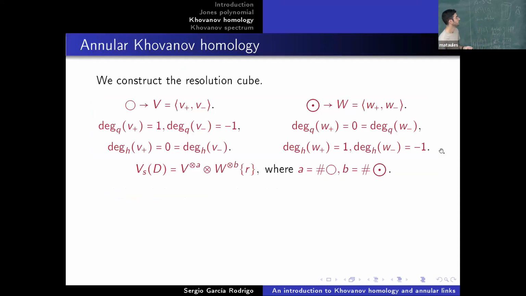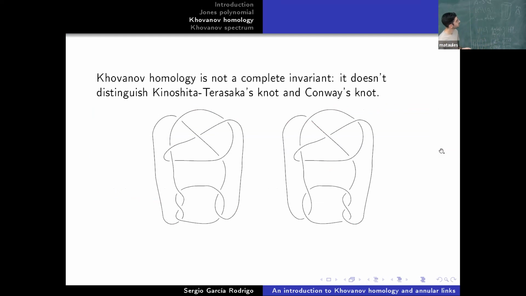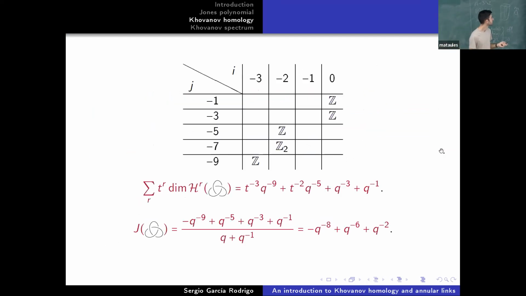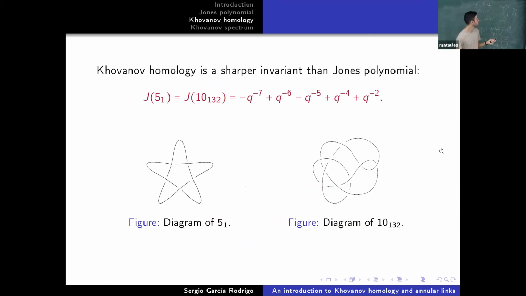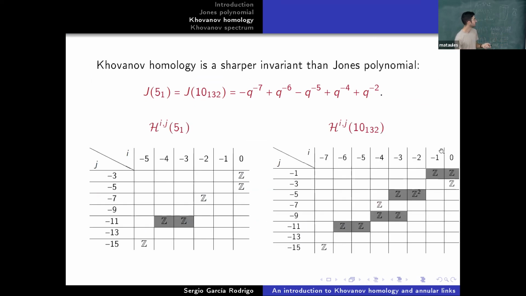And to show some interesting facts about the Khovanov homology, we see that these two knots, called 5_1 and 10_132, have the same Jones polynomial right here, but their homology is quite different, right?